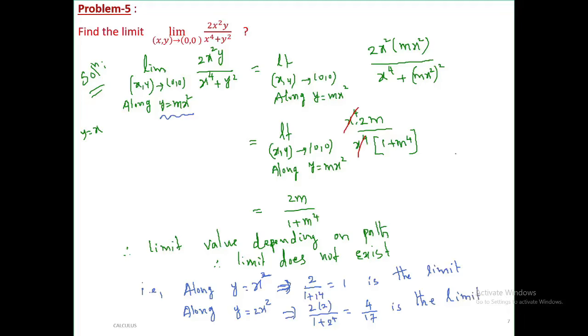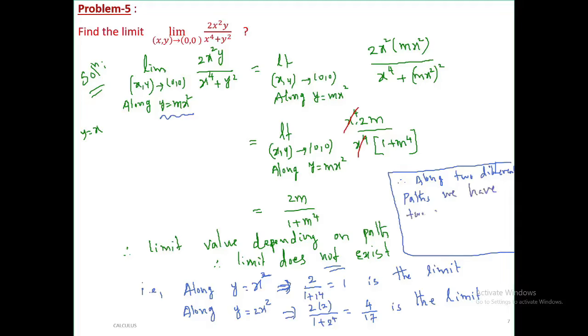So therefore the conclusion is, along two different paths, you can conclude like this also, or you can stop till here only, no problem. Limit is depending on path, therefore the limit does not exist. Along two different paths, or two distinct paths, whatever, we have two different limits.